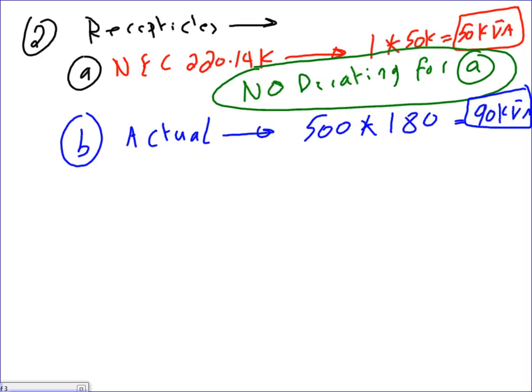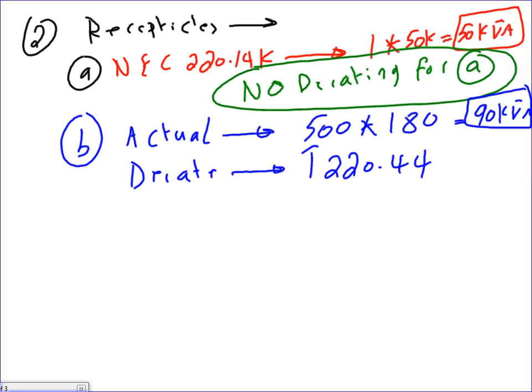Okay, so that's actual. There's one little thing for actual: you have to derate the actual. So the next step for actual, guys, is derate, based on table 220.44.